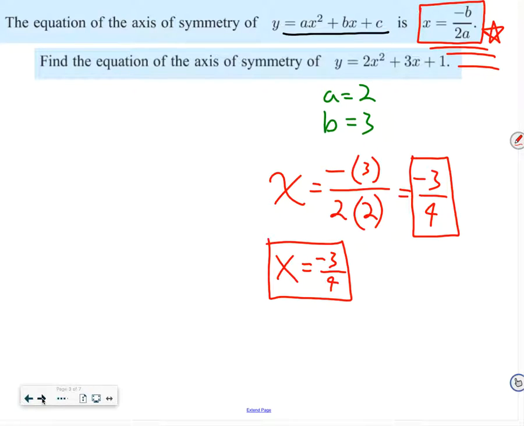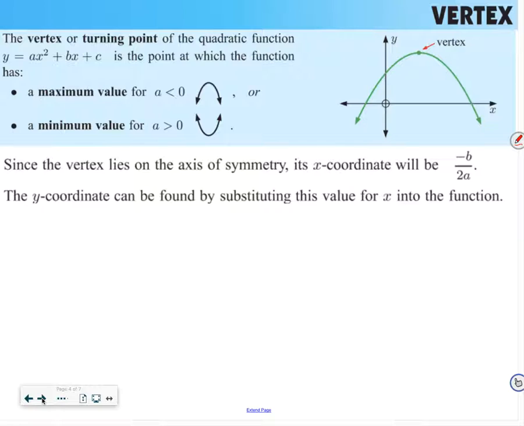When we're talking about our vertex, remember our vertex is either going to be a maximum, if our a value is less than 0. So if a is negative, we know it's concave down, so we have a maximum point as our vertex. The other scenario is if a is positive, we know it's going to be concave up, which gives us a minimum point for the vertex.